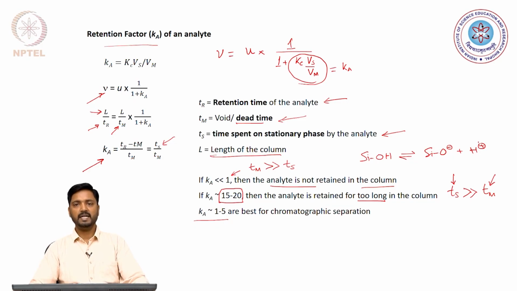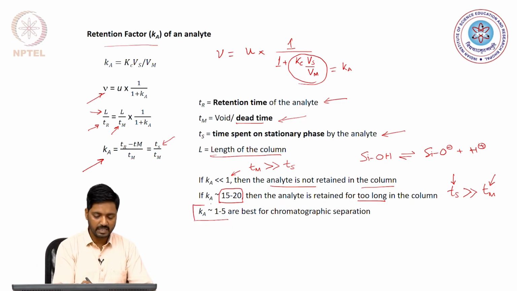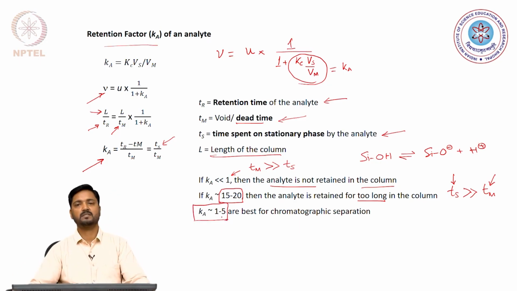So, indeed it is in our best interest to have K values which are intermediate, that is in the range of 1 to 5.